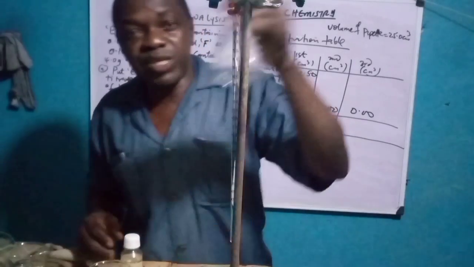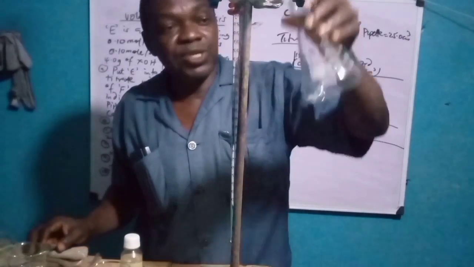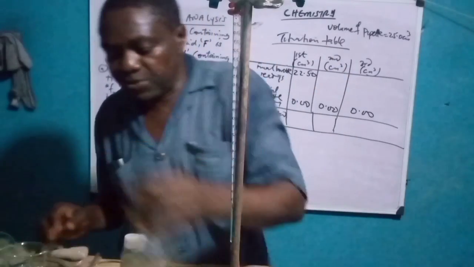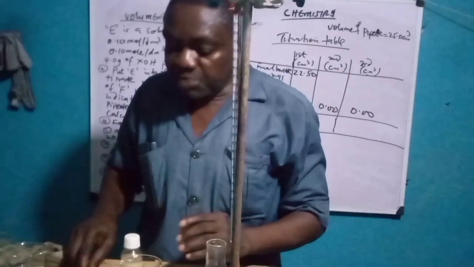The next thing, you rinse every time you titrate. When you finish, rinse this conical flask with water, which I've already done. Then the next thing is to repeat the process again.